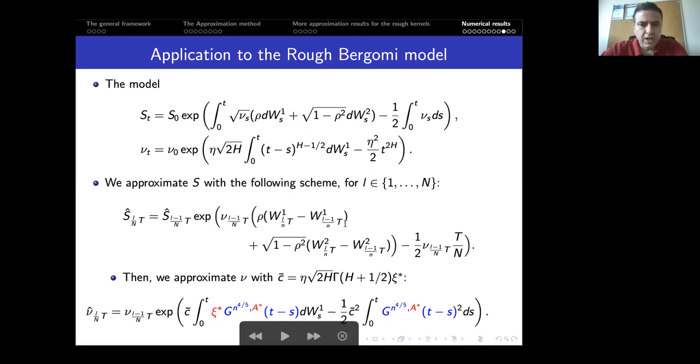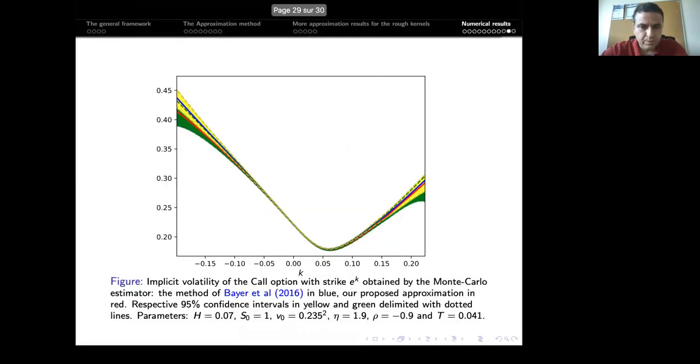Now, once we have the stock price, we can compute, of course, the European option, and we prefer to illustrate the implied volatility of a call option, using exponential strike of type exponential k, where k varies between minus 0.15 and 0.20, using a Monte Carlo estimator.